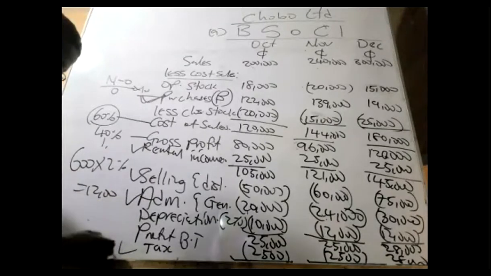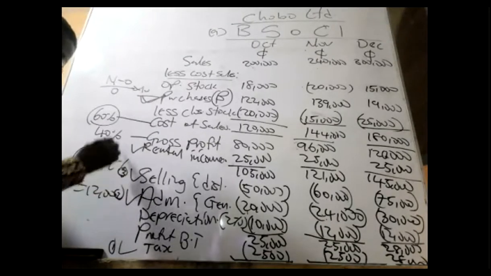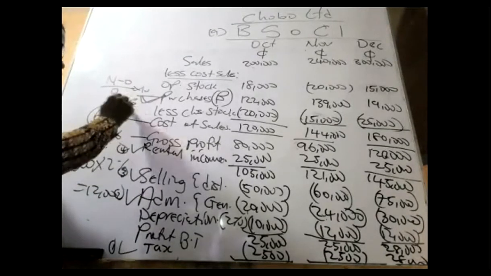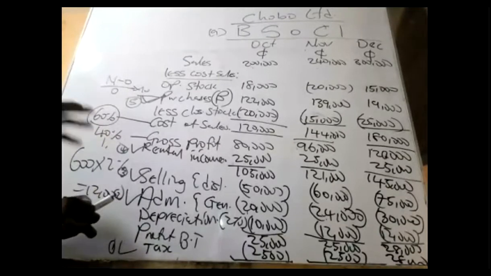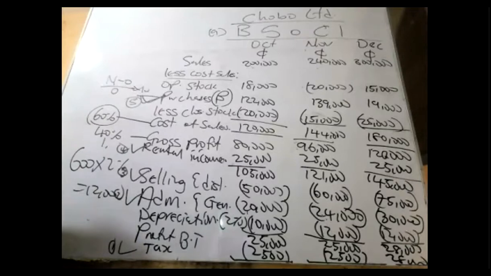So 1, 2, 3, 4, 5. So 5 items I'll call for in the cash budget. So let's start with the cash budget. This is how good master budget is. We work the first section, no workings. Good.